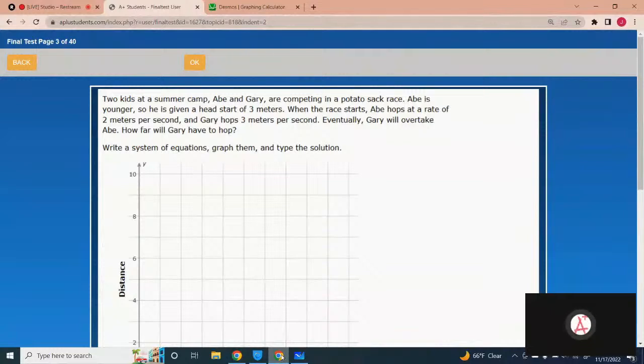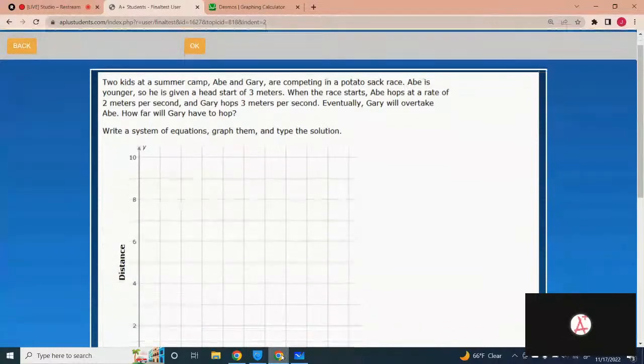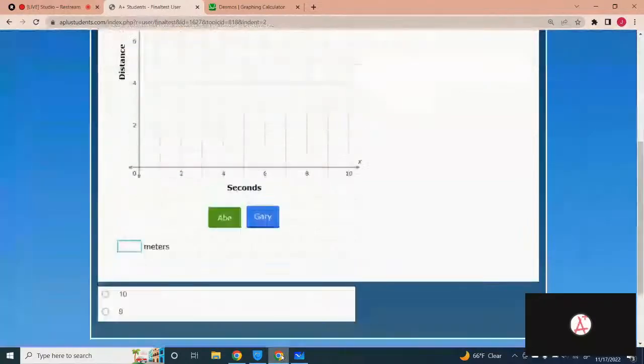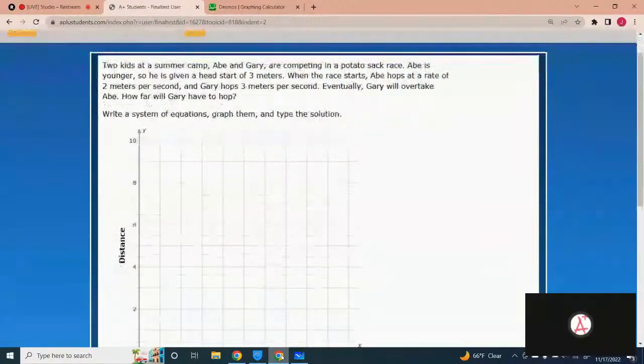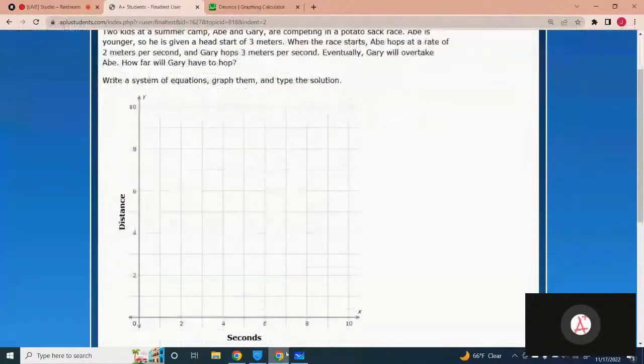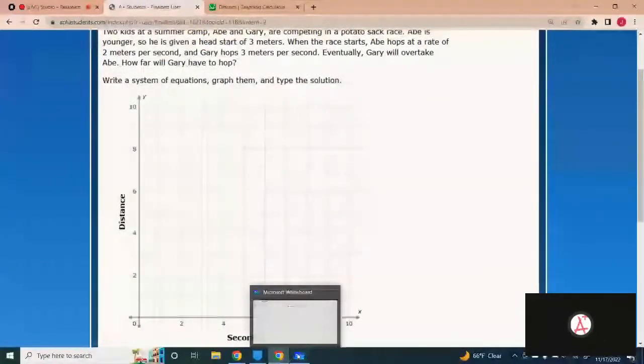Okay, let's just start with the equations. You have x as time and y as distance.